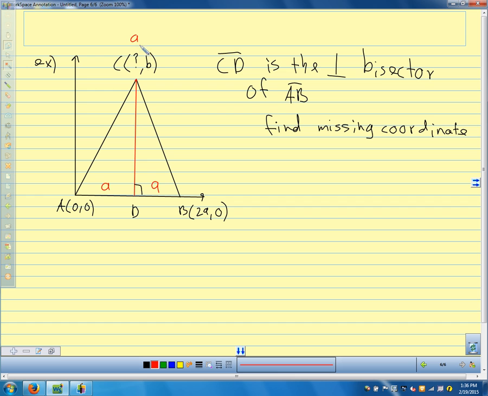A. That has to be A. So C is the point A, comma, B. So we know the coordinates of that vertex of the triangle. All right, questions there?